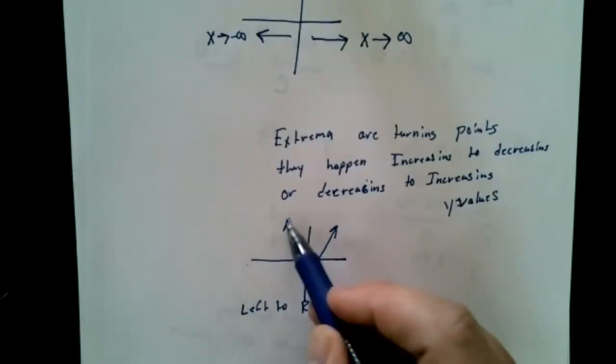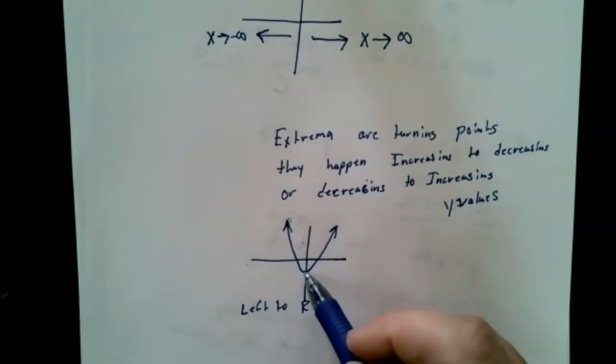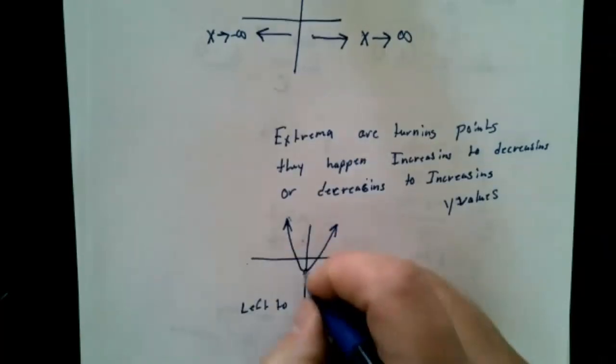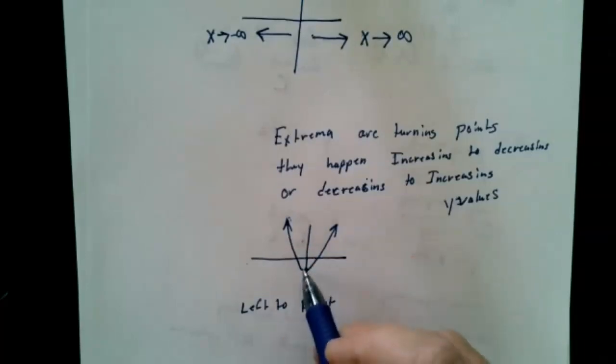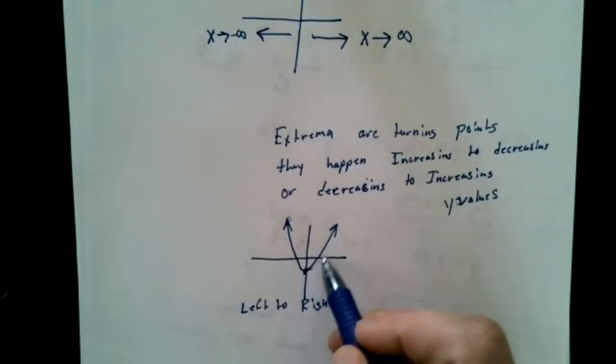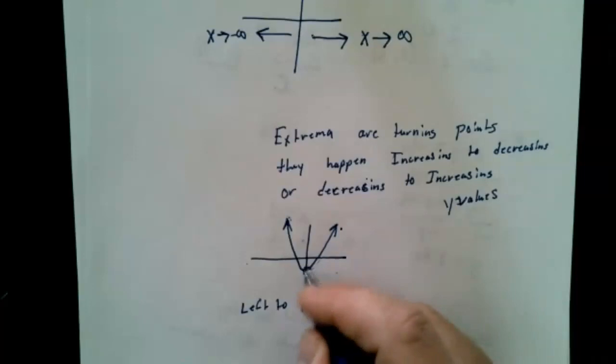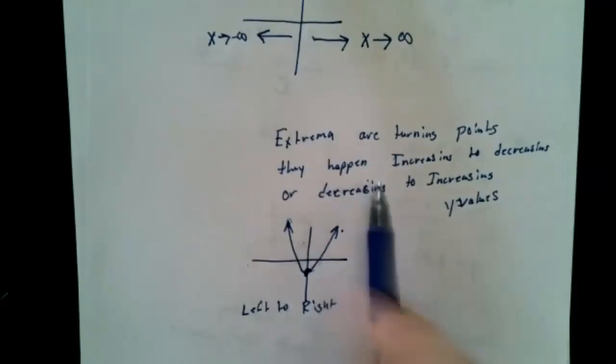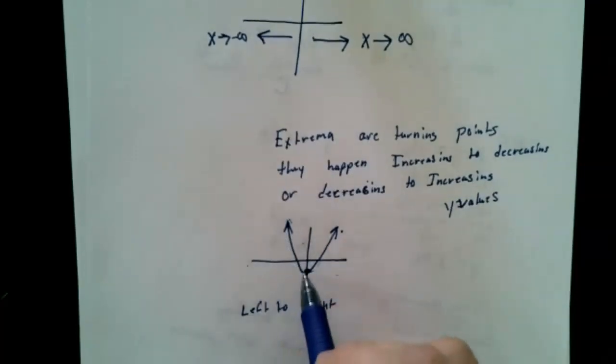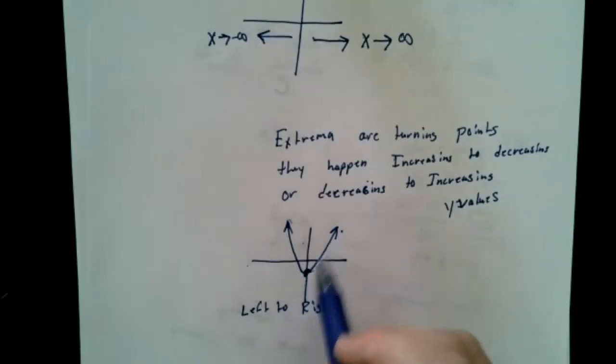They keep getting less and less and less until I hit this extrema point, right? My extrema point's right here on the y-axis. Then as I come from this point going to the right further, I start to increase back in y values. Okay, this point is an extrema, and it's where my graph has stopped decreasing and has begun to increase.